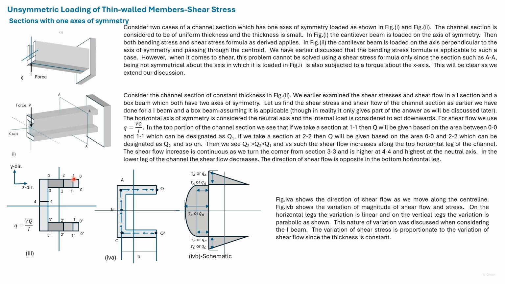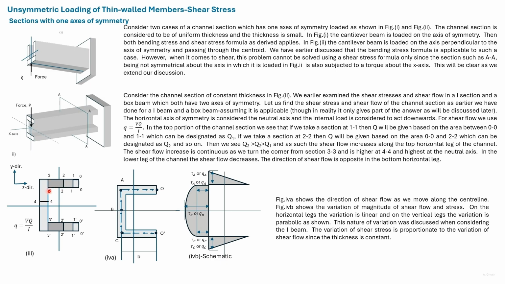Consider section 1.1. Then the shear flow will be given by taking the statical moment of area of this small portion. Consider section 2.2. Then the shear flow will be given by taking the statical moment of area of this portion, which is slightly larger.